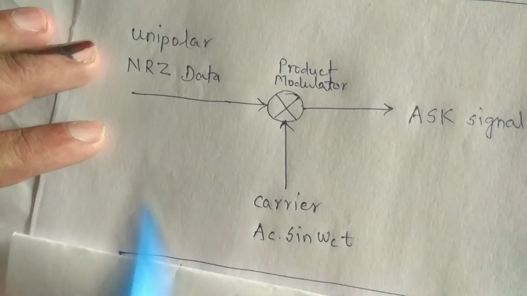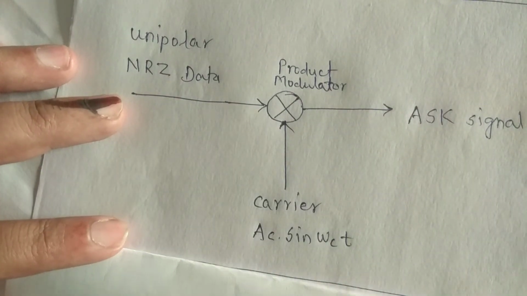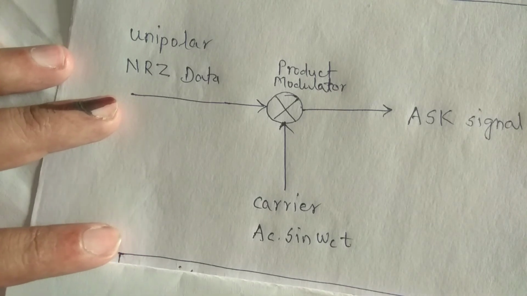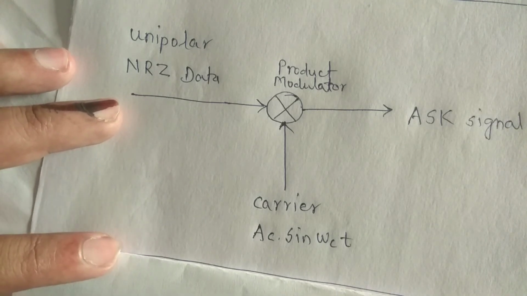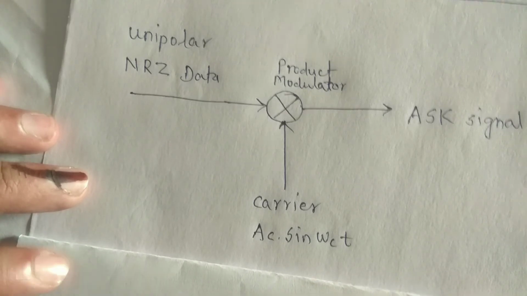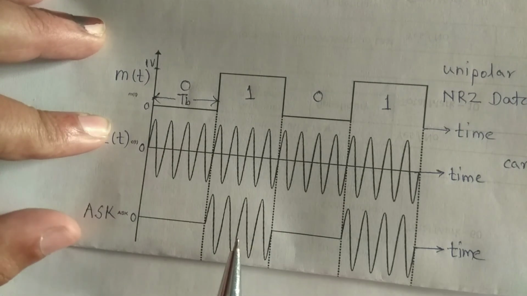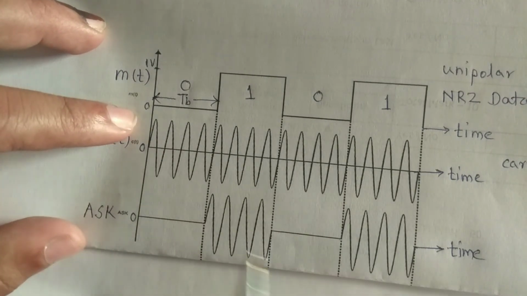In this ASK, generation is very simple. We just have to multiply the unipolar NRZ signal with the carrier, then we will get the ASK signal. This is the advantage: the circuit complexity is very simple. But the disadvantage is that, as the information is present in the amplitude of the signal, it is very susceptible to noise.